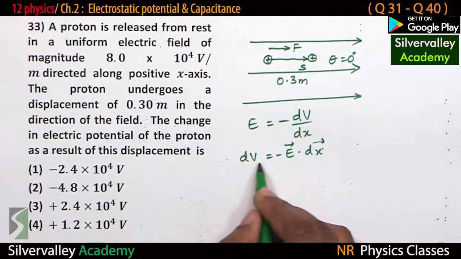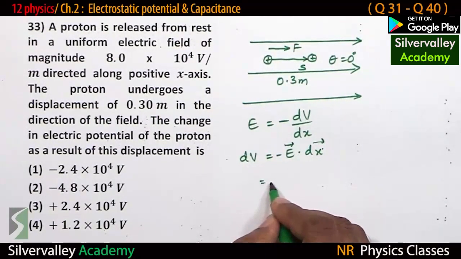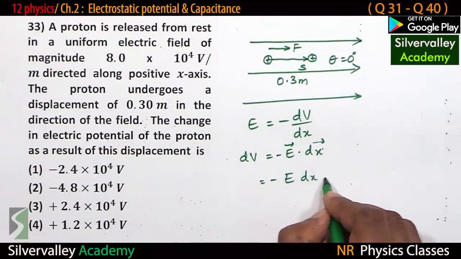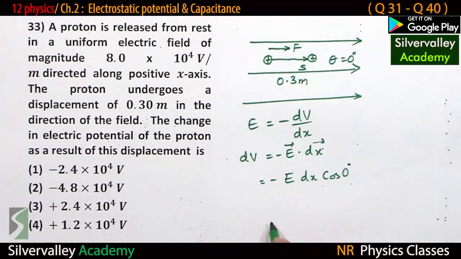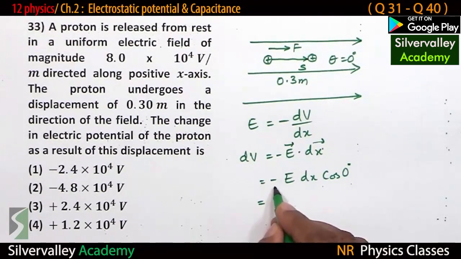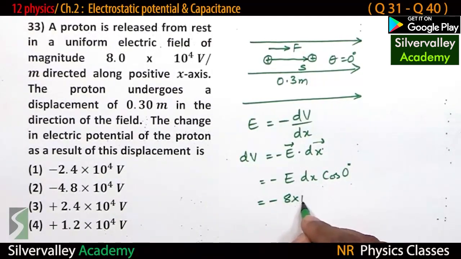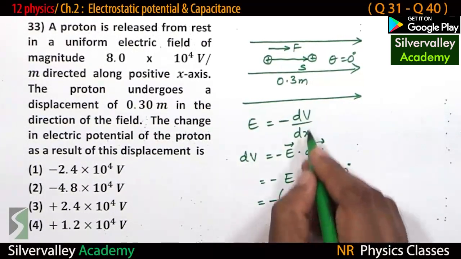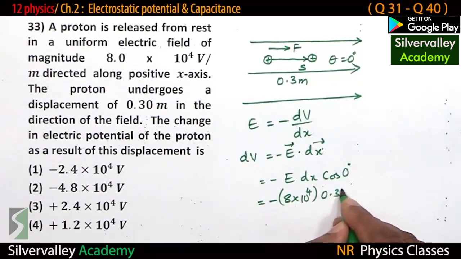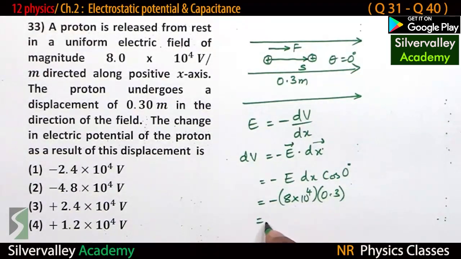So this is the potential difference. Since theta is 0, minus E dx cos 0. Minus electric field is 8 × 10^4. Displacement is 0.3 meter. Cos 0 is 1. So with negative sign, 8 × 0.3 = 2.4 × 10^4.